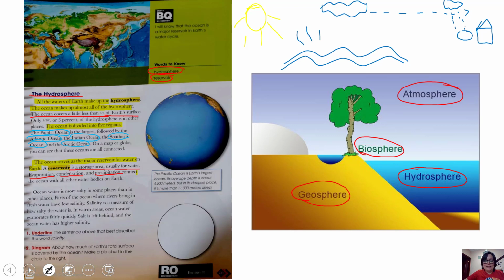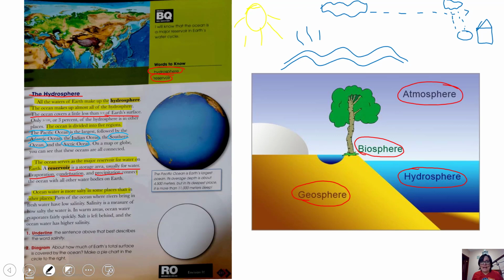It says that we have ocean water. Ocean water is more salty in some places than in other places. What does it mean? Sometimes in one place the ocean is going to be saltier than the other one, but why?